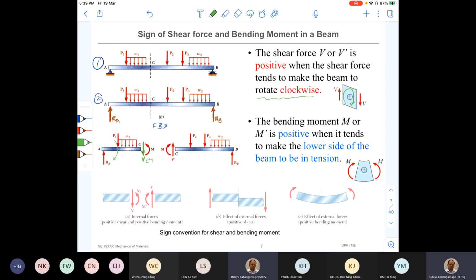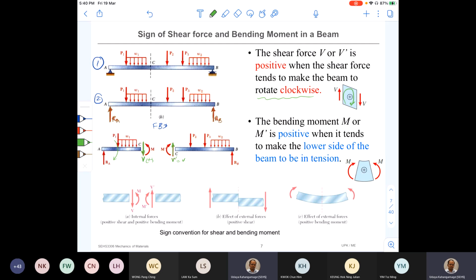Okay, and look at the other portion of this beam, CB. Now if I mark the shear force there, I should mark it upwards, right? And the V prime here should be equal to the V. That way, once you put them together, there's no internal force.